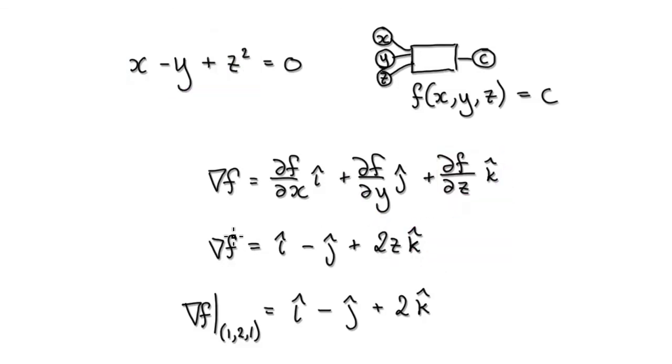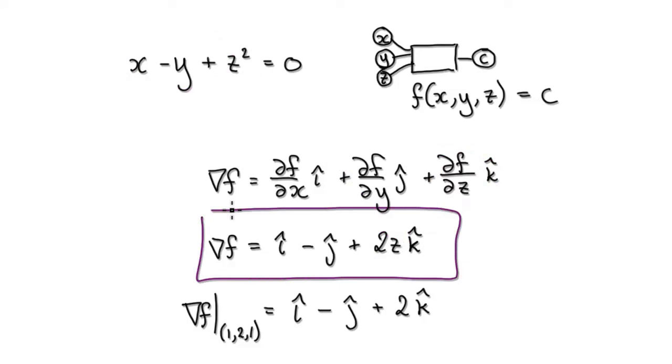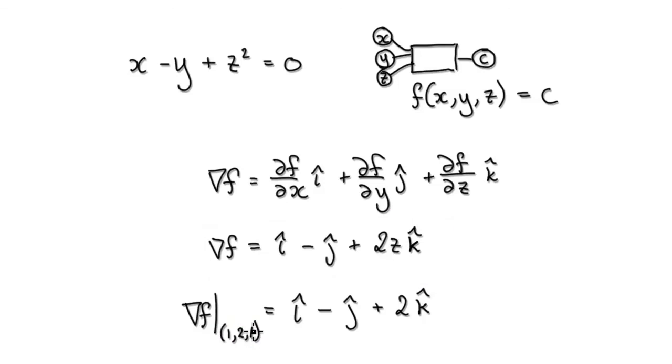So grad f gives you the ability to work out all the vectors that shoot straight out of the surface, but you want the specific vector at this location. So you need to evaluate grad f at this particular point. Put this into the x, but there is no x. Put this into the y, but there is no y. Put this into the z, and this would then become 2.